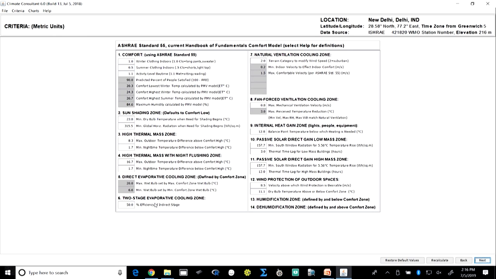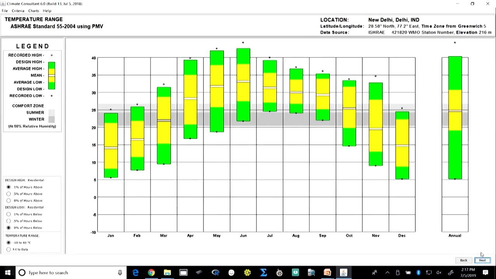All of that is already defined based upon the comfort model as per ASHRAE 55. So, you can very clearly see what is the model being used here to define comfort. This is inbuilt, there is nothing that we can change about it. So, this is just for information, a kind of annexure.